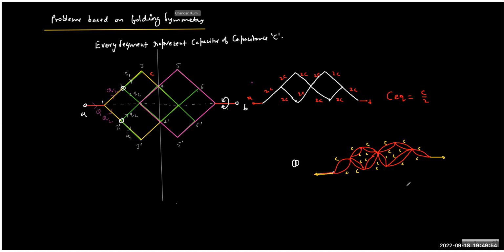If we were to fold this figure again and get it like... No, see, the rule is you cannot fold by altering the terminal. See, our terminals are intact, right? Always remember, every transformation in a circuit should not affect its terminal. That is the thumb rule.